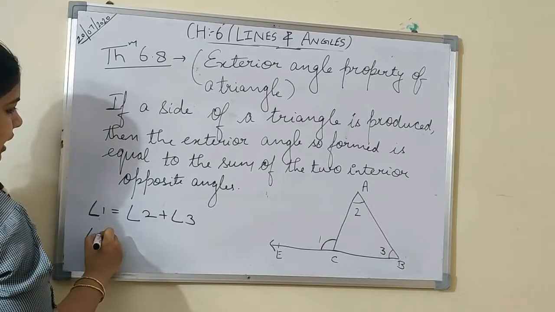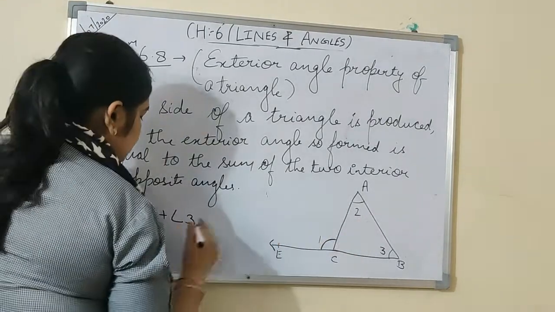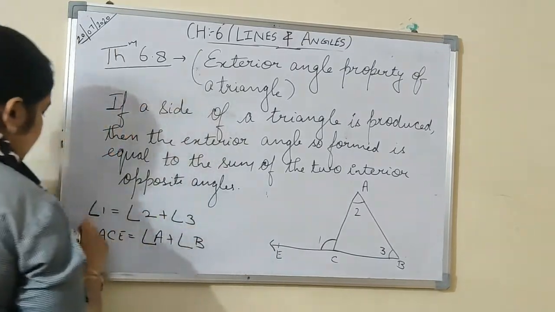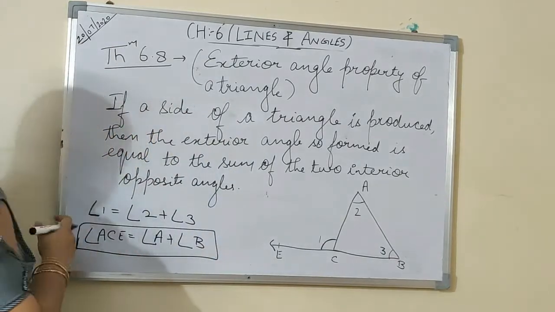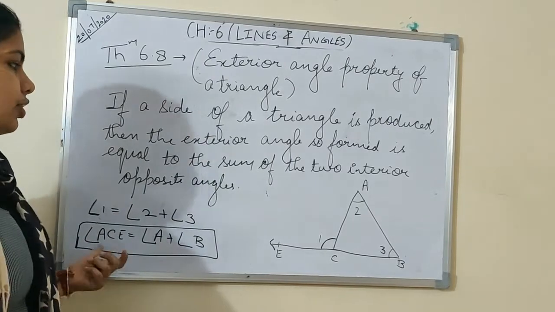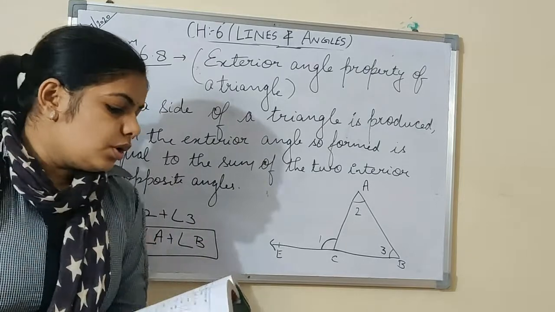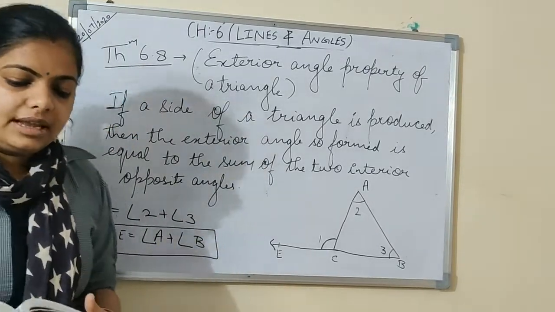Or you can write angle ACE is equal to angle A plus angle B. Now remember this result. This result or this theorem, these two theorems in fact are very important. Please remember these theorems. Now on the basis of these two theorems, we will be studying one example.